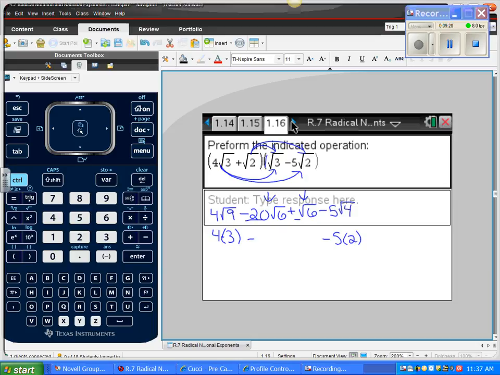Negative 20 plus 1 is negative 19. Okay? So we have 12 minus 10, or 2, minus 19 radical 6. All right, and again, I'm going through this quickly because you guys should already know how to do these. You've done these for the past few years.